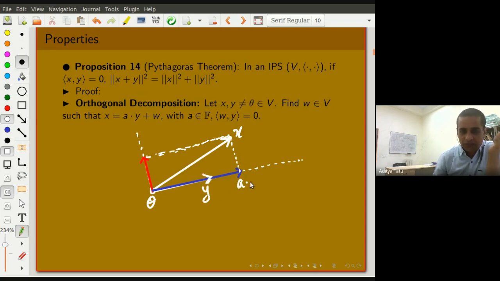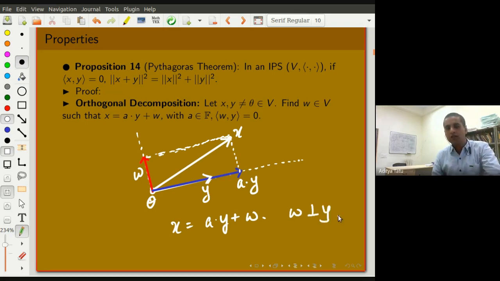So the vector in blue will be a times y, and the vector that is orthogonal to this blue vector is shown in red. Let's call that vector w. So we need to find a and w such that x is equal to a times y plus w, with w being orthogonal to the vector y. All of this rests on the assumption that both x and y are not zero. Is that okay?